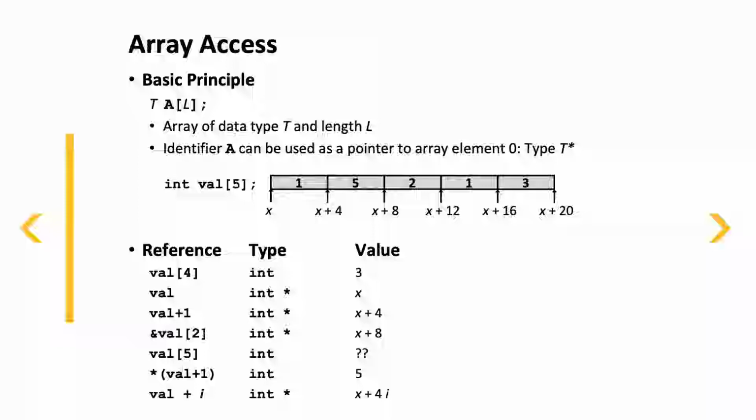So we can actually use that asterisk that we see when we deal with pointers, and we can go ahead and find out that val is stored at X location, at the memory address X. We can find out that val plus 1 is stored at X plus 4, etc. We can also use the ampersand to return the address of a certain index of the array.